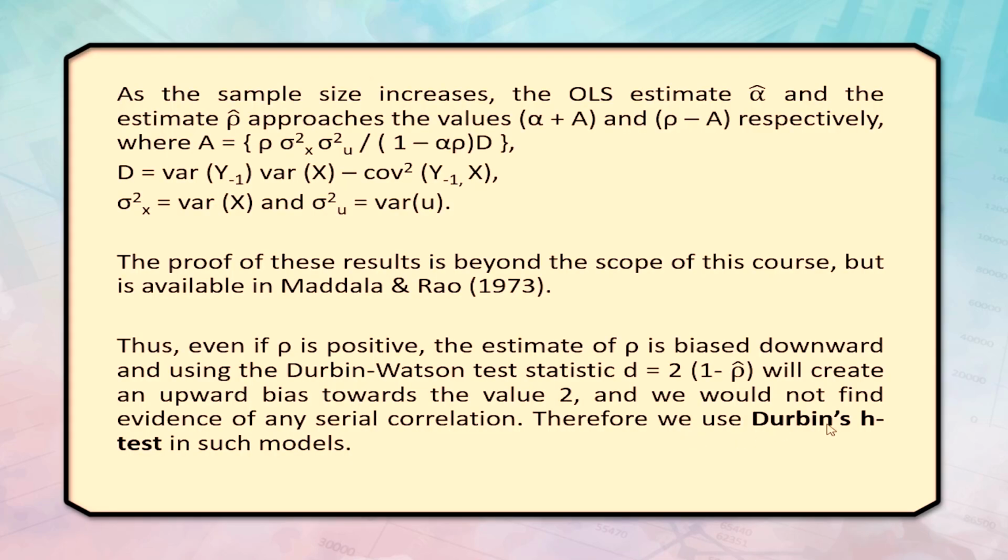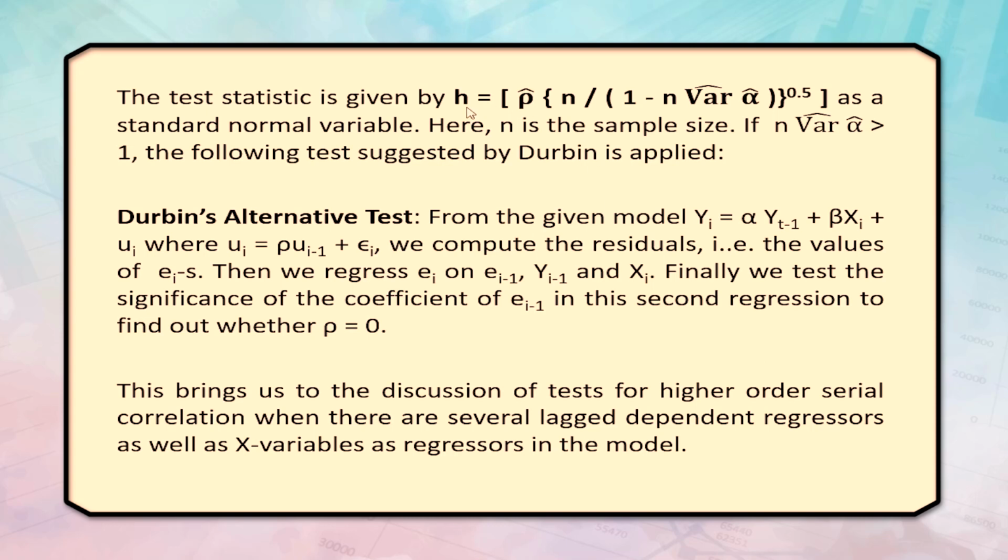We use Durbin's h test, that involves Durbin's h statistic. And what is that h statistic? h is given as rho hat times, within brackets, the ratio of n, actually n minus 1, because we have first order autocorrelation, divided by 1 minus n times the estimated variance of alpha hat, the whole thing to the power half.